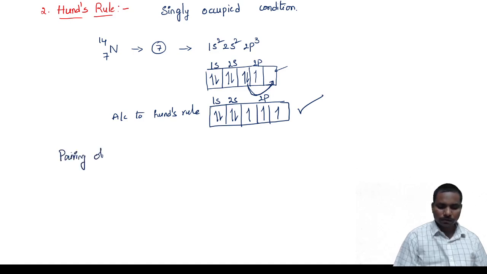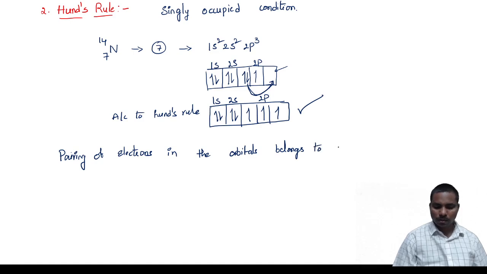Pairing of electrons in the orbitals belonging to the same subshell. Subshells are nothing but you can say s, p, d, f.